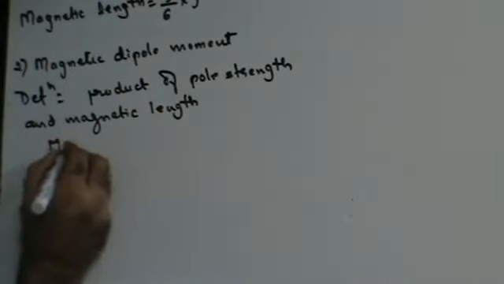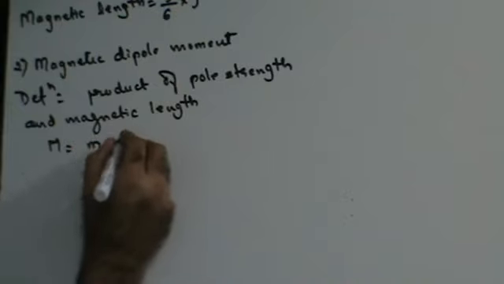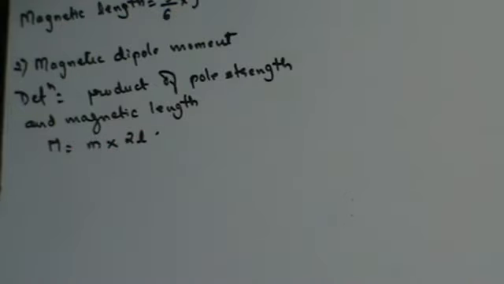That is, magnetic dipole moment is pole strength into magnetic length. Henceforth, we will be writing magnetic length as 2L. Right?